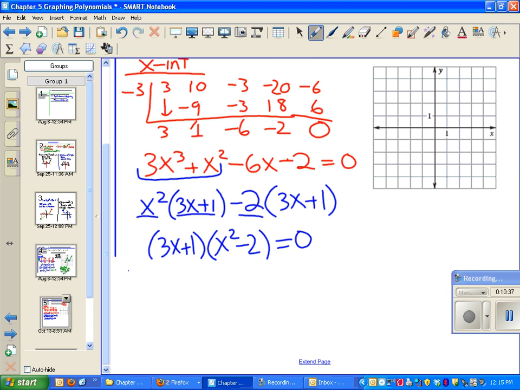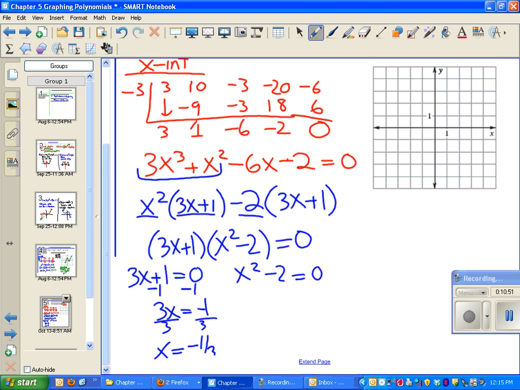So I'm going to set each factor equal to 0. And then solve for my other x-intercepts. So here I'll subtract 1. So I'll get 3x equals negative 1. Divide by 3, and x equals negative 1/3. And then for this one, I'm going to add 2 to both sides. So I get x squared is equal to 2.